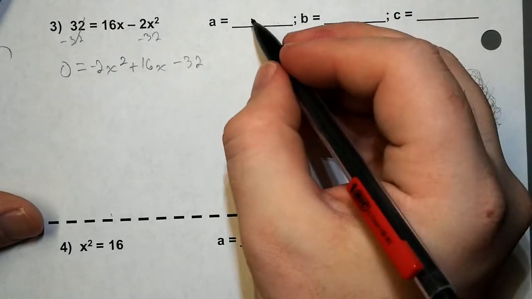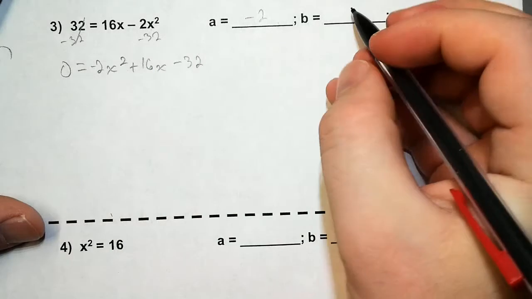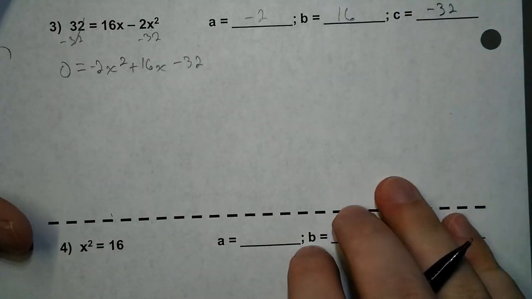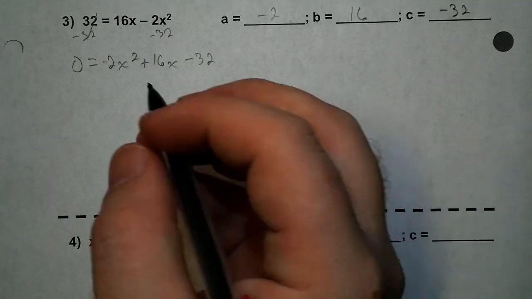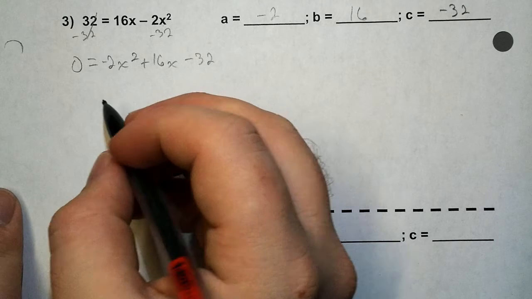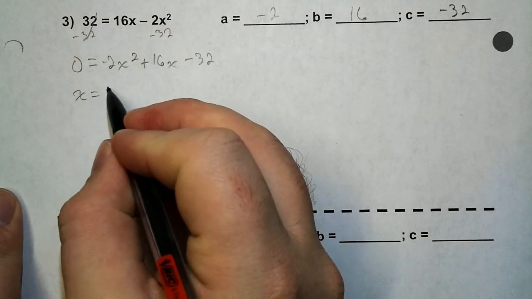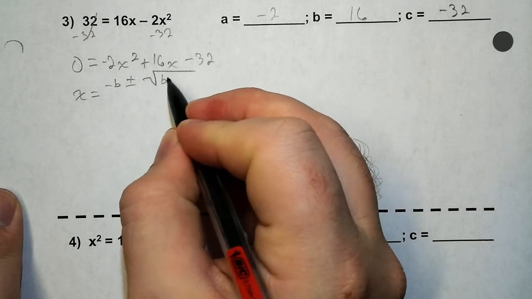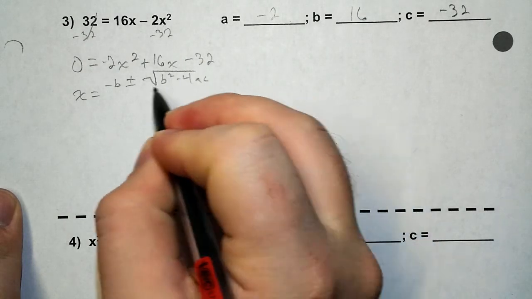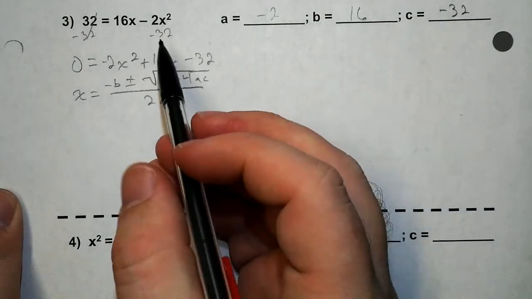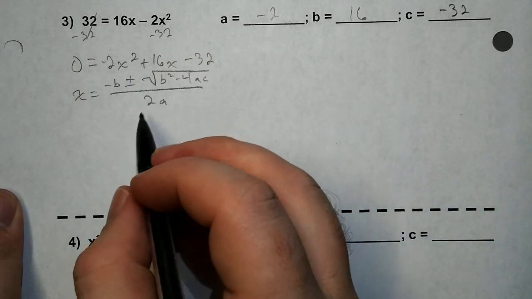We have our a, b, and c now. a is negative 2, b is 16, c is negative 32. And let's put it in our formula. So we've got x is equal to negative b plus or minus the square root of b squared minus 4ac over 2a. And all we're doing is plugging in our values.